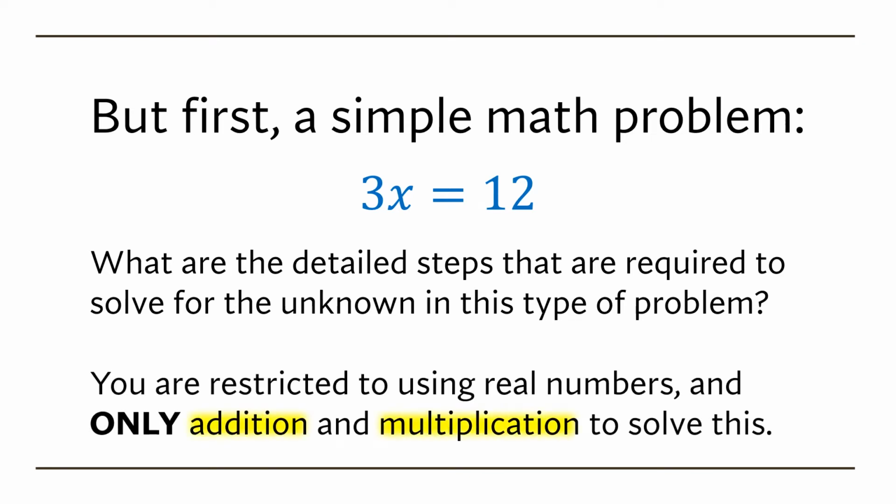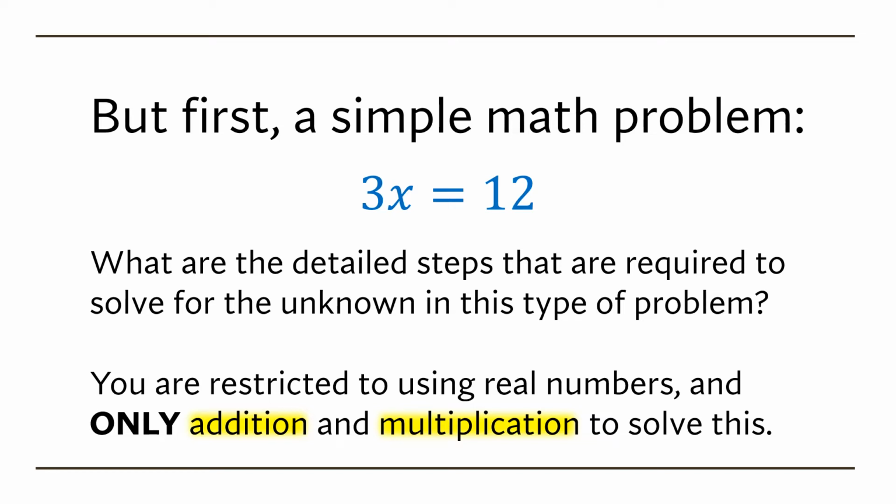Oh, by the way, in using those 4 steps, we're going to be restricted to a couple of things. Well, first of all, we're going to use real numbers, so we're going to use the whole real number system. But you can only use addition and/or multiplication to solve for each of the problems.